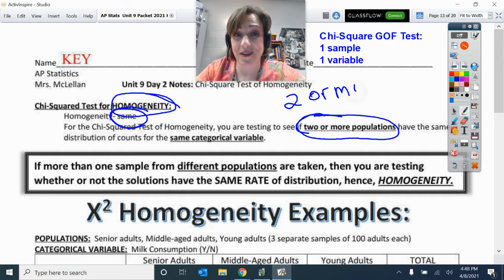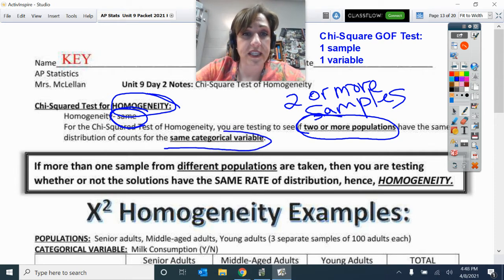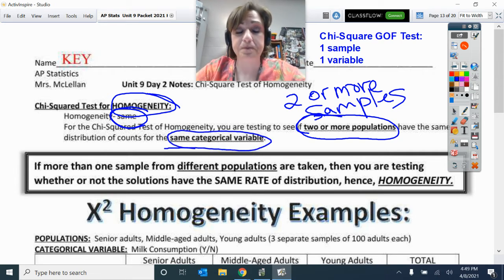That's the way I tell the difference. We have two or more samples, and then we are going to check those two or more samples with that one variable. I think I've seen it where there could be more variables, but in particular, that one particular variable.